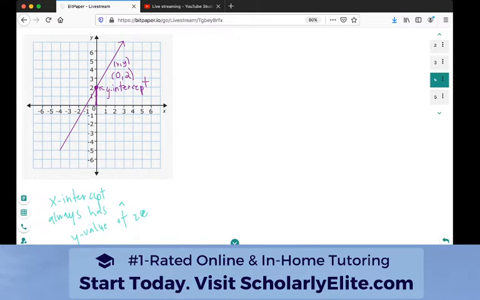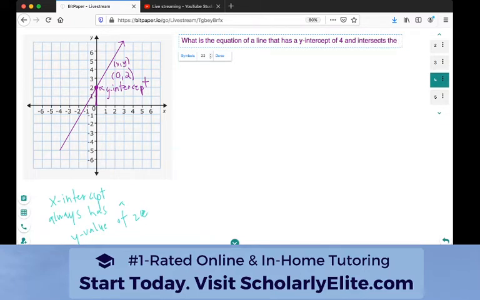Okay, so let's say that your teacher gives you a question and it says, what is the equation of a line that has a y-intercept of 4 and intersects the point, let's say, negative 12 and 20.